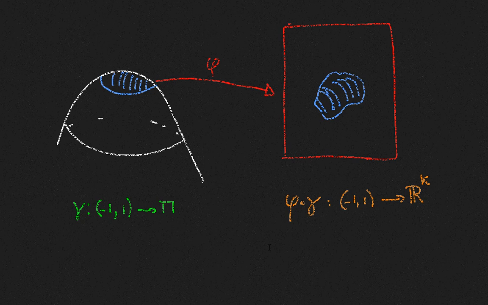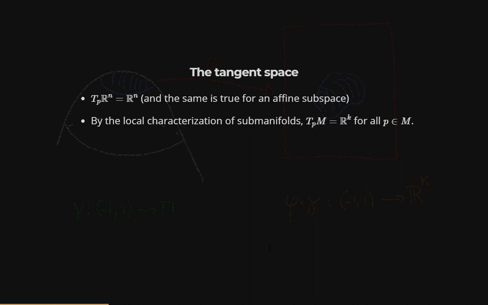So not only every curve here goes to a curve here, but on the other hand, every curve here can be brought back to a curve on M. So you can identify the two sets of tangent vectors. This is not a proof, it's just an idea, but I hope you understand it.